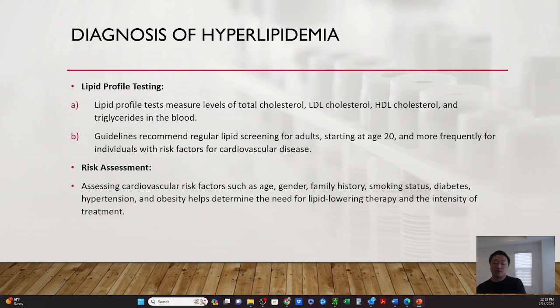Basically, the doctor will order a blood draw to test your cholesterol level to see if you have this problem. Once you reach the age of 20, it's recommended that you do a blood test for hyperlipidemia regularly.